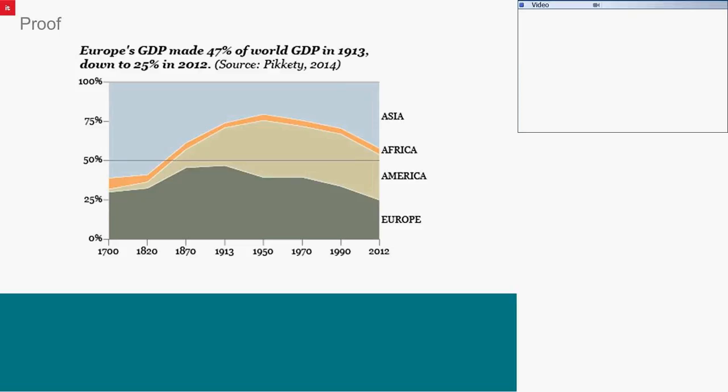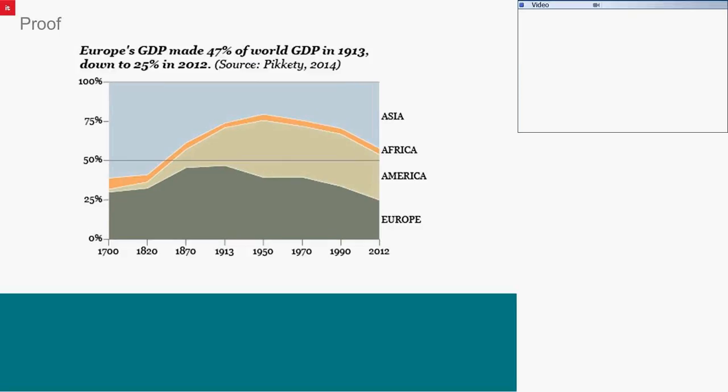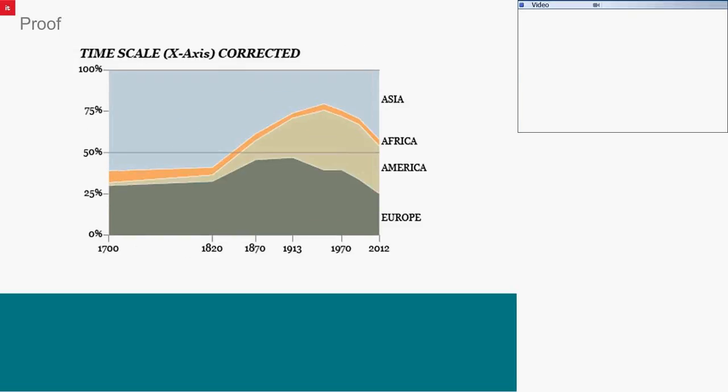Look at the axes, the data, and what the graph is actually showing you. And then when the x-axis is brought into scale, it looks like quite a rapid increase. Now there was quite a gradual increase up until 1820.